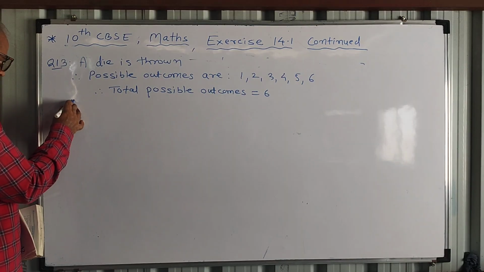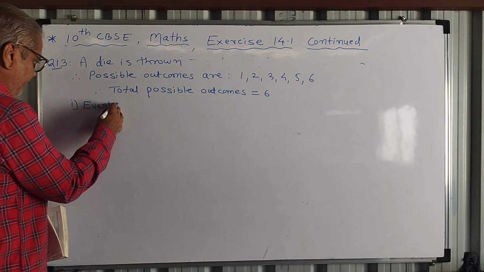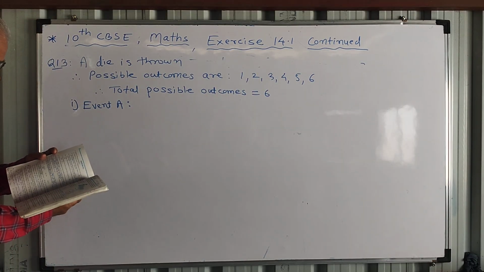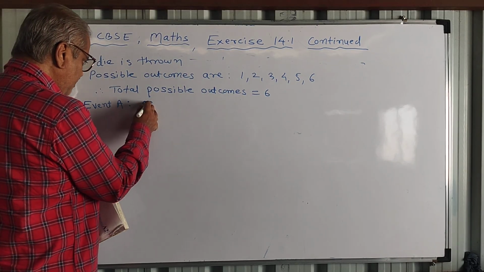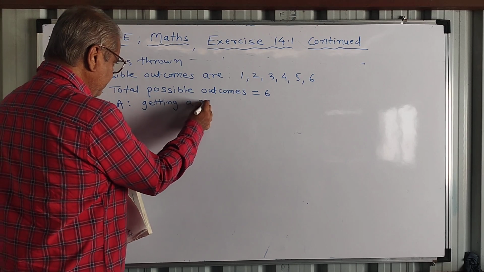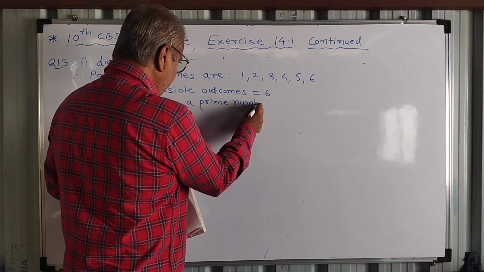Now the first one is event A, you can write it in short. What is the event? Getting a prime number.